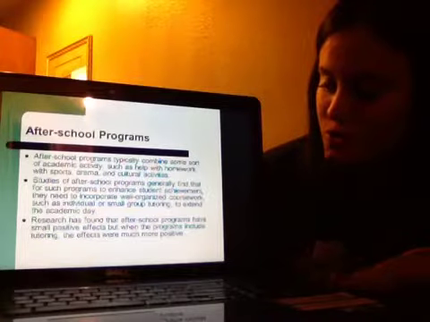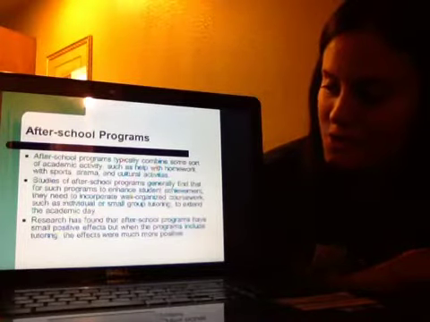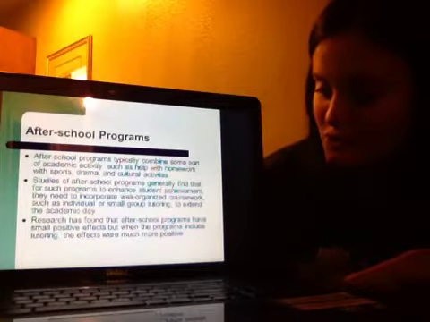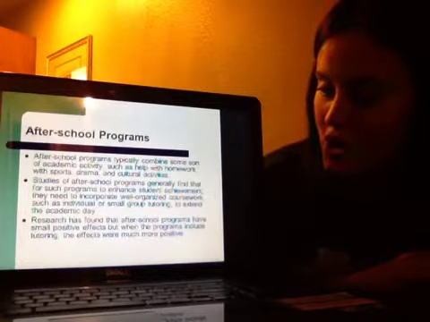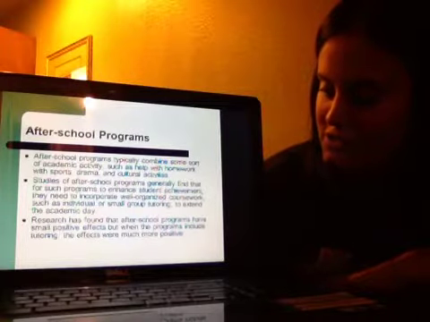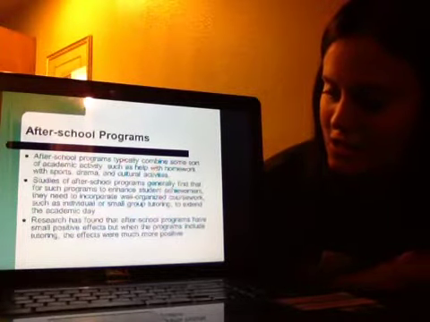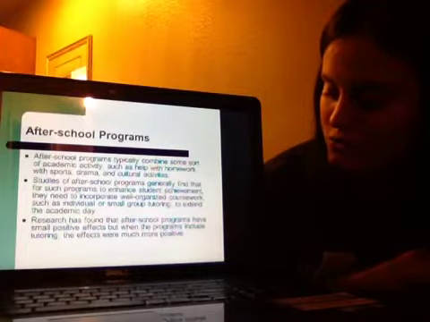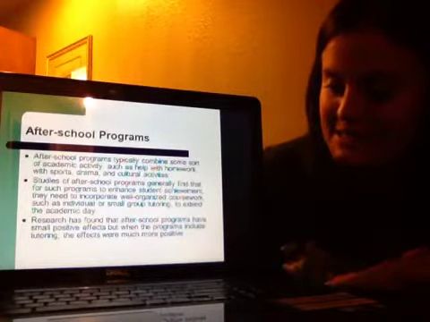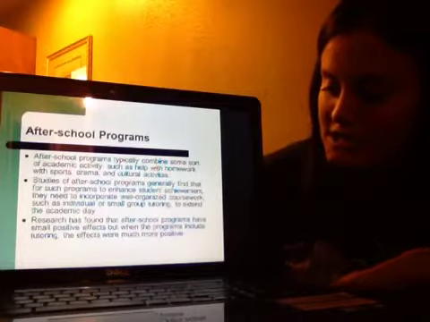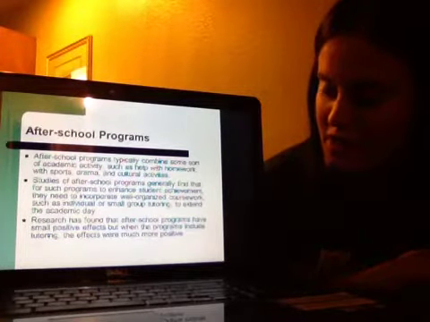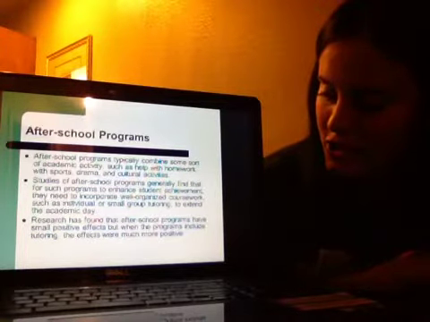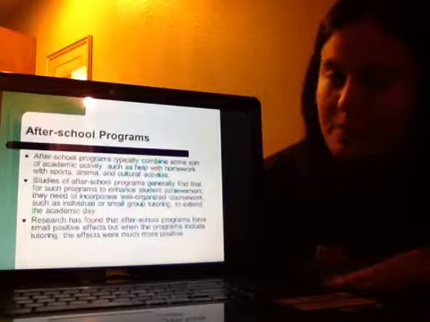Studies of after-school programs generally find that for such programs to enhance students' achievement, they need to incorporate well-organized coursework such as individual or small group tutoring to extend the academic day. Research has found that after-school programs have small positive effects, but when the programs include tutoring, the effects were much more positive.